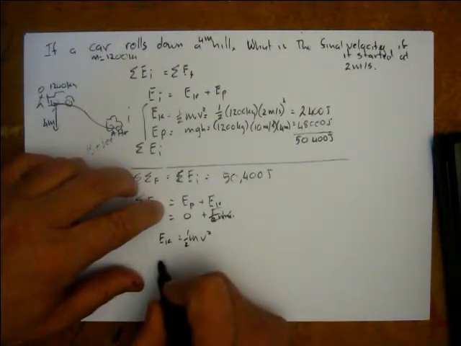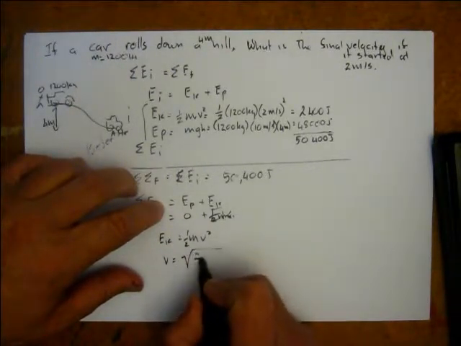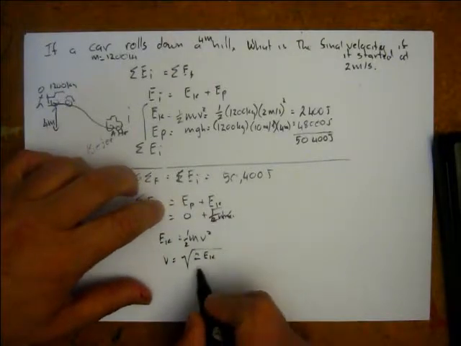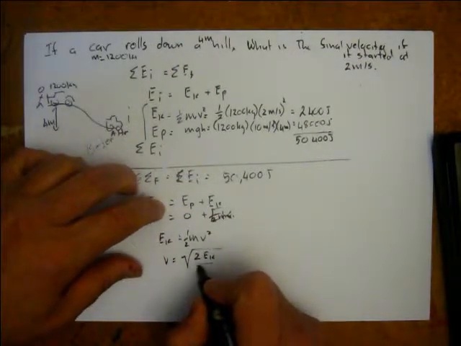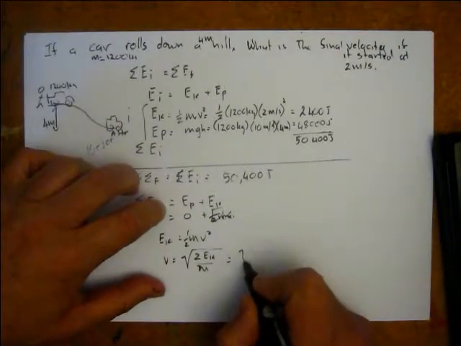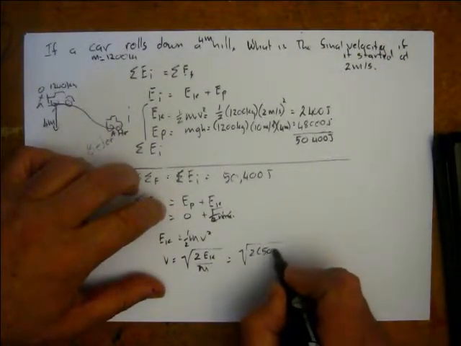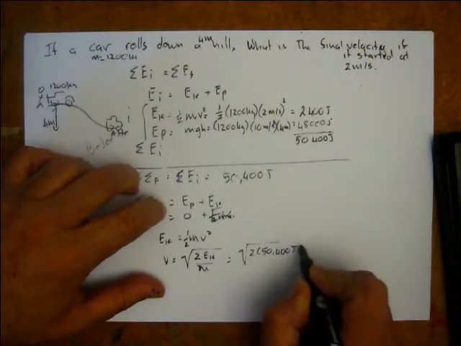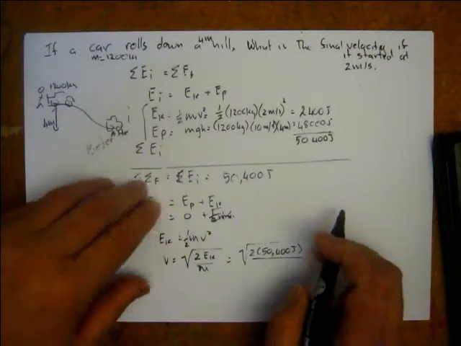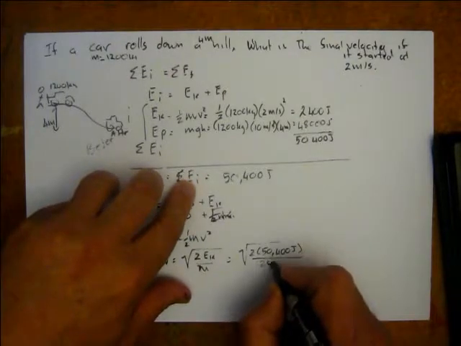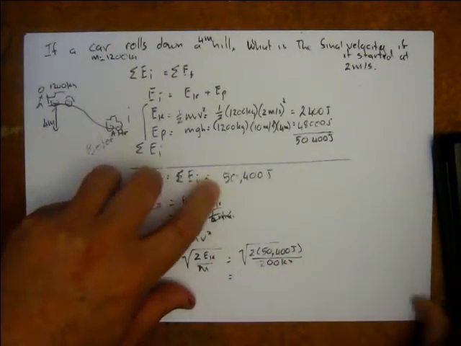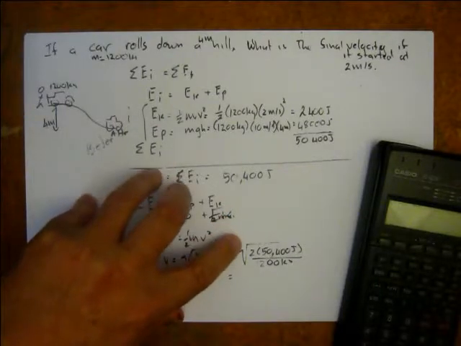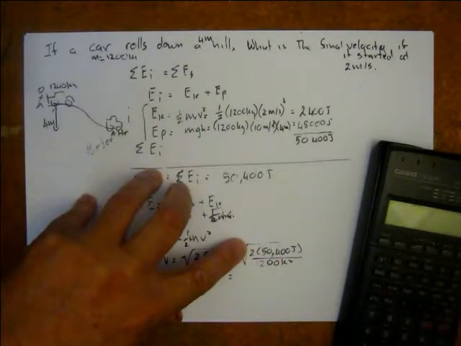Rearrange that like we did before, so v is equal to the square root of 2 EK over m, equals square root of 2 times 50,400 joules over the mass, which was 1200 kg. 100,800 divided by 1200.